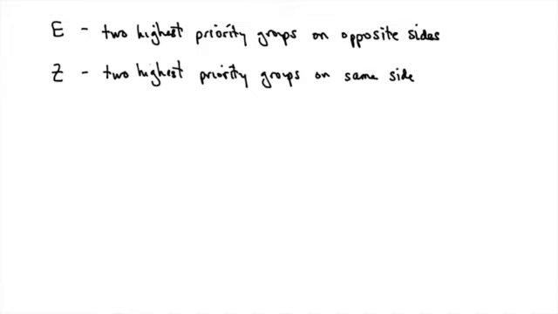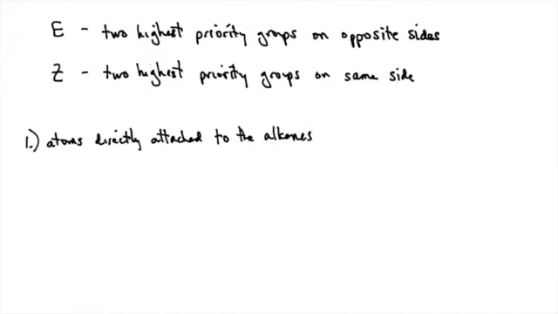And so there are several rules that we have to follow. The first is that atoms directly attached to the alkene are assigned priority based on their decreasing atomic number.